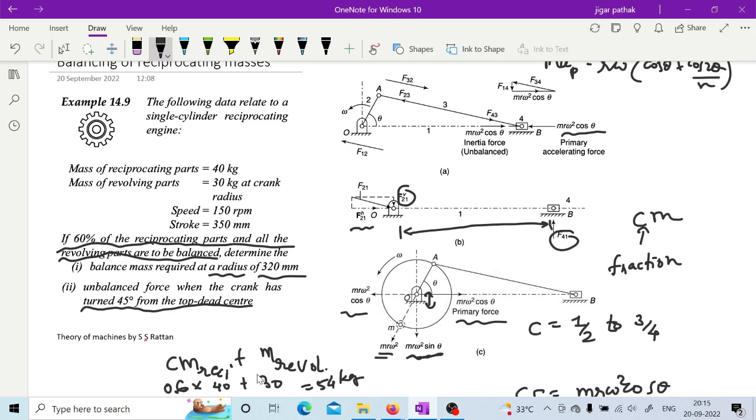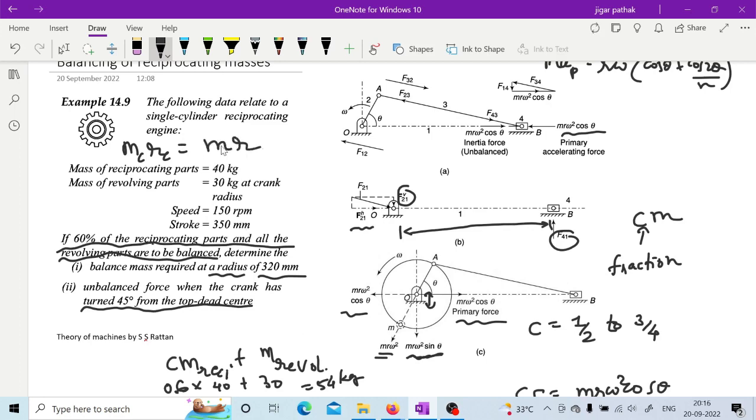Once you have the total mass to be balanced, you have to find the balancing mass required. That can be calculated from m c r c equals m r.